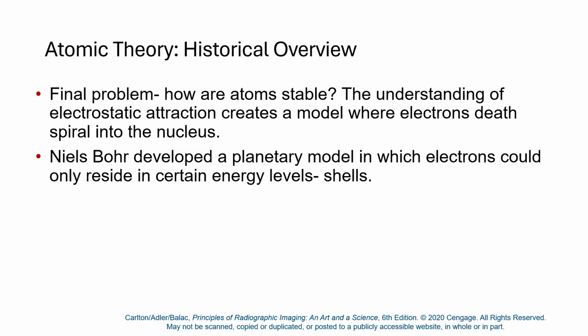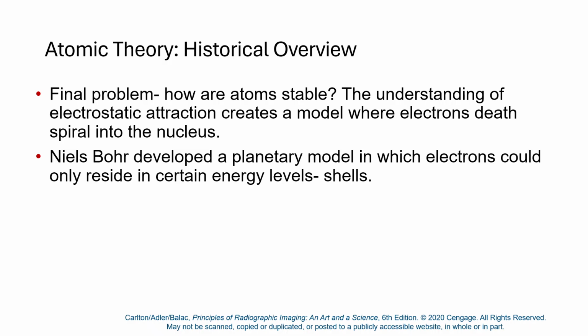And so Niels Bohr said, well, no, that's not possible because they can only exist in certain energy states. And so they can't lose energy because they only reside at these certain energy states. And if they're not at that energy state, then they can't continuously lose energy. And that was the idea of shells, or orbital shells. Okay?